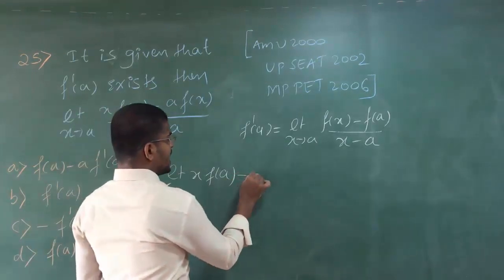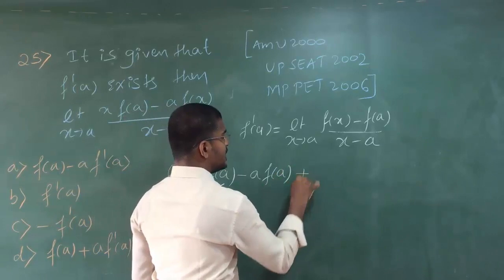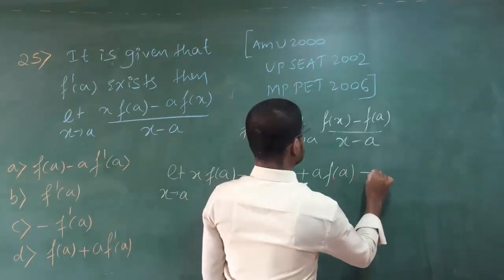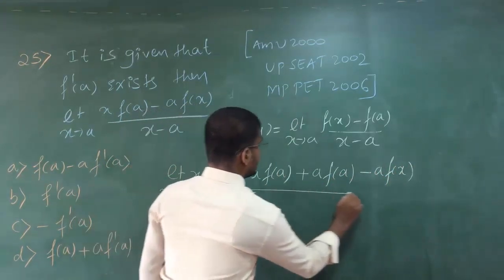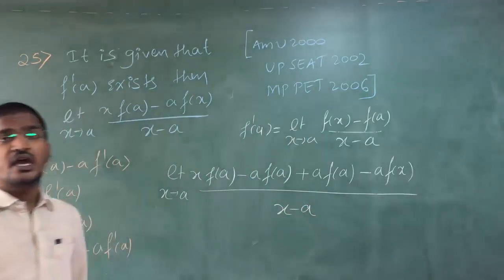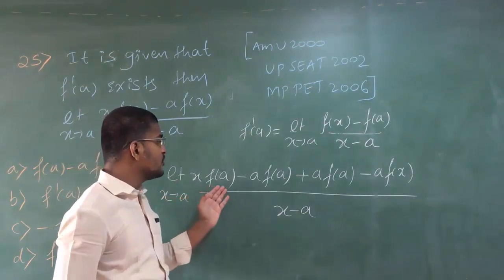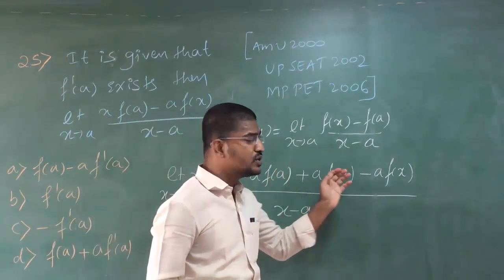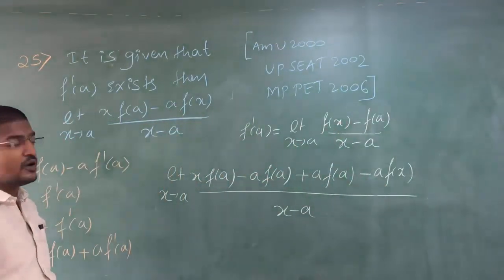I will subtract a into f of a and I will add a into f of a, minus a into f of x, divided by x minus a. Clear? Okay, see this. Limit x tending to a, x into f of a. I am subtracting a into f of a and I am adding a into f of a, and this is as it is, that is a f of x.